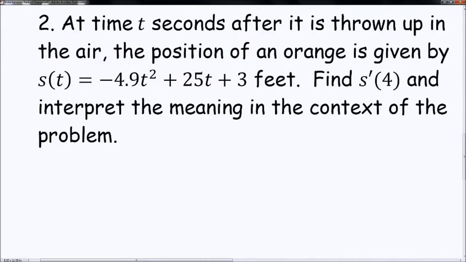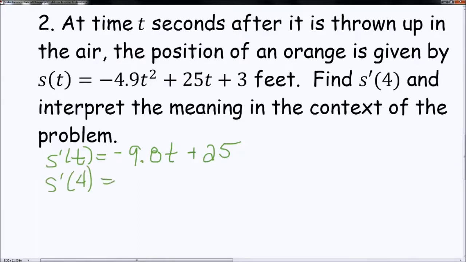Let's find our derivative. s prime of t is equal to negative 9.8 t plus 25. So s prime of 4 is equal to negative 9.8 times 4 plus 25, which is equal to negative 14.2.